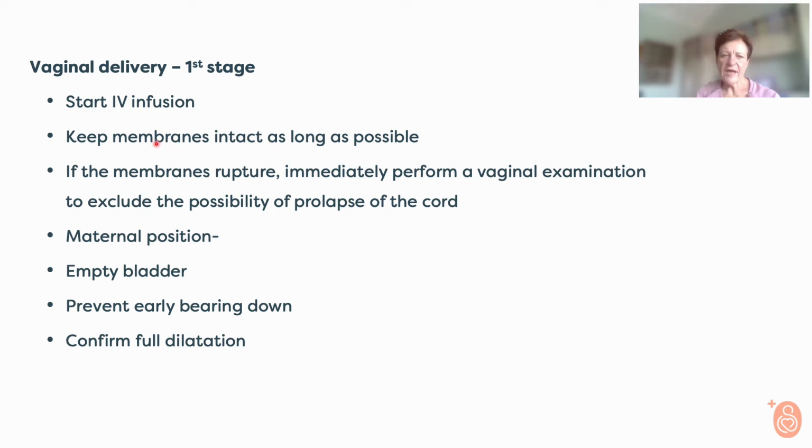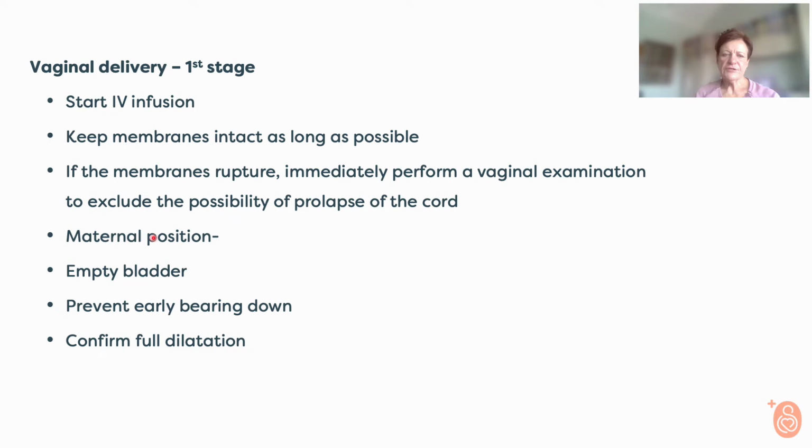So we have to weigh the advantage of the patient walking around against the possibility that the membranes might rupture. If the membranes do rupture, then we have to do a vaginal examination as quickly as possible to exclude the possibility of a prolapse of the cord, and if there is a prolapse of the cord, that we can then react as soon as we possibly can.